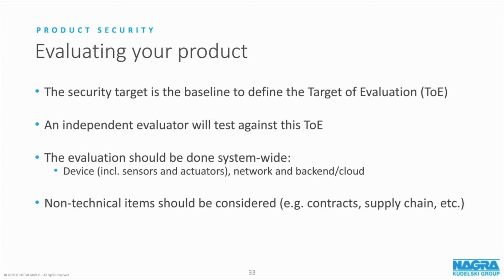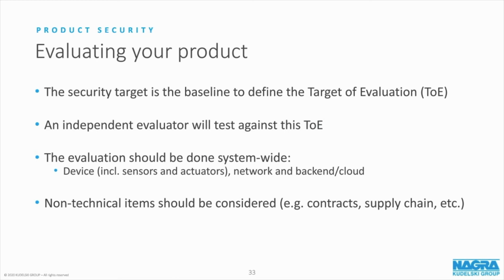And you will pass or you will fail. You'll know at this point if you actually reached the targets that you set. And obviously, you will have to deal with all the findings, and maybe you will have to have a couple of rounds between engineering and evaluation. But eventually, you will end up with a device that is at the level that you want it to be.